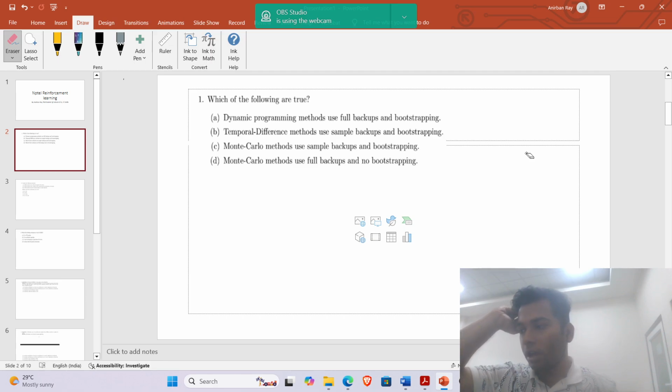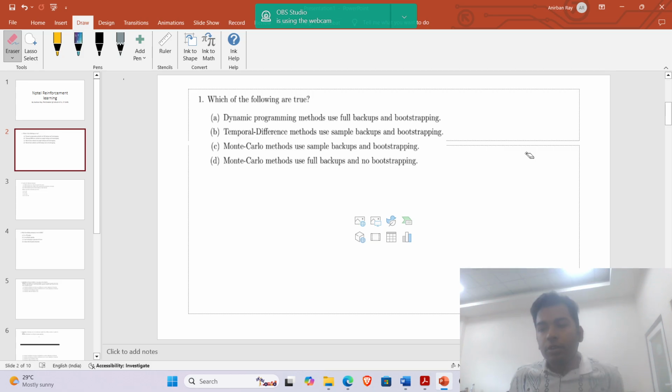Then we came to the rollouts. An important algorithm under rollouts is UC trees, leading to the Monte Carlo tree search algorithm, and the action selection phase in Monte Carlo tree search is done by upper confidence trees. Then we came to temporal difference methods.